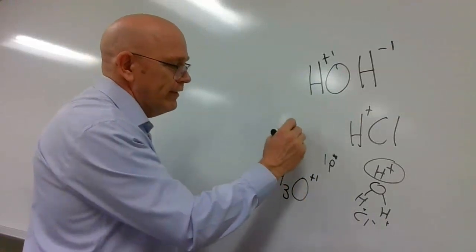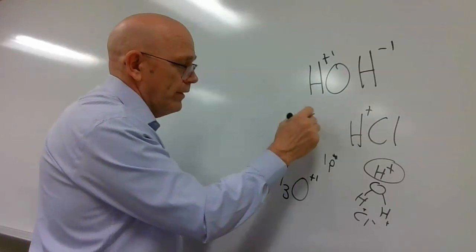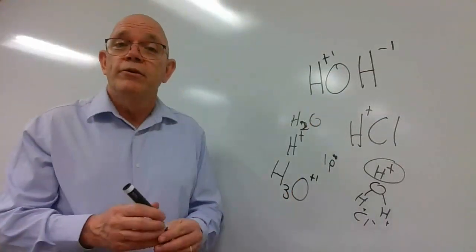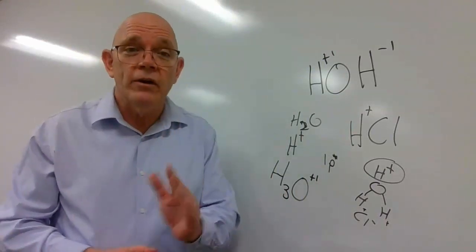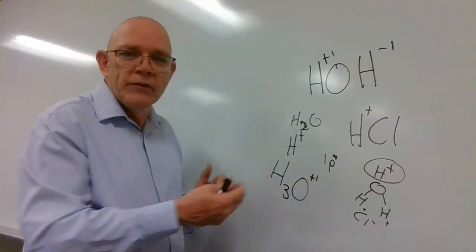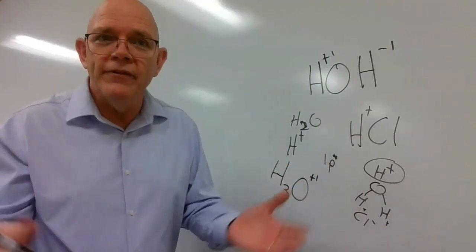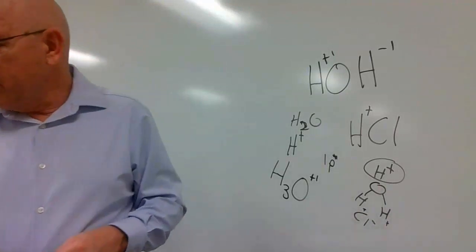So we can think of this as hydrogen with a +1 charge floating around in water molecules, or we can think of it as the hydrogen joining up there. Now we have H3O, which is called a hydronium ion. It's easier for me to say hydrogen ion, but if you say H3O positive, it's the same thing. They're saying there's an extra hydrogen floating around there that wasn't there before. So it's an acid. We said they're proton donors.